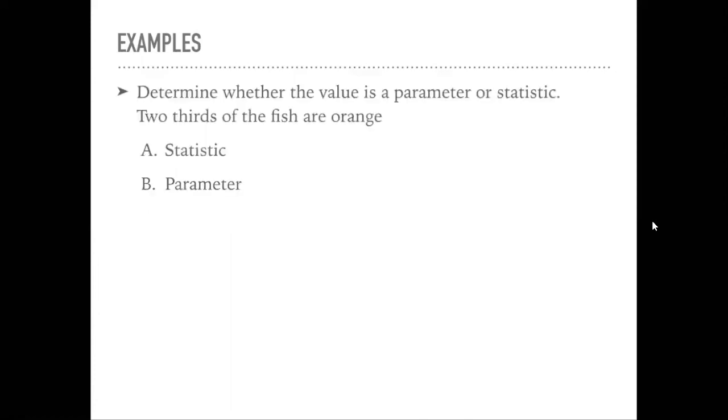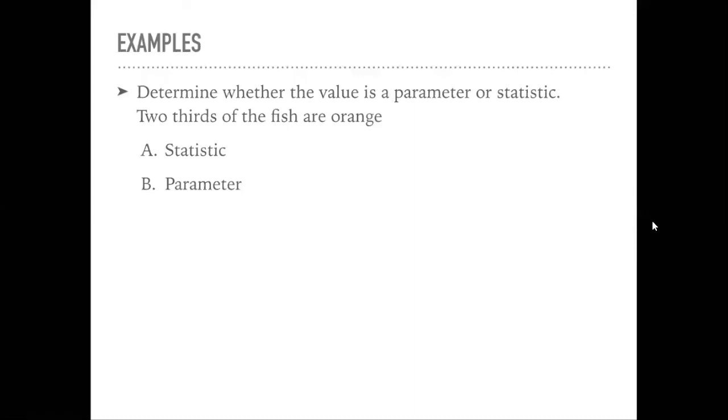Determine whether the value is a parameter or a statistic. 2/3 of the fish are orange. Is this talking about a sample or entire population? The way that it's worded, it makes us think it's talking about an entire population.